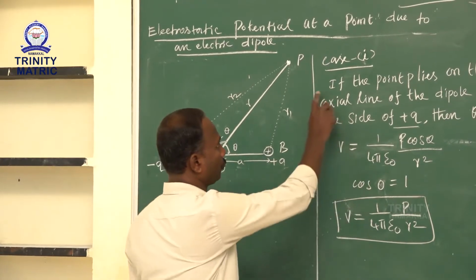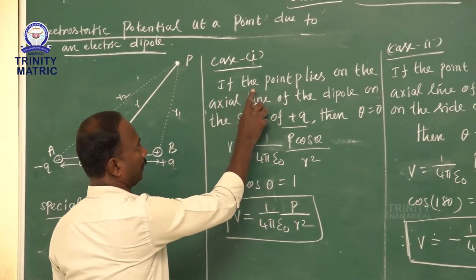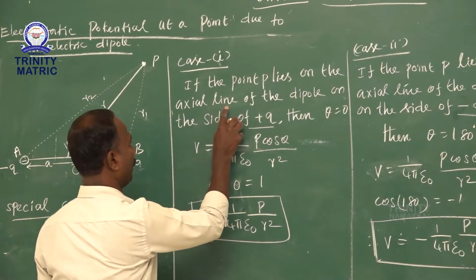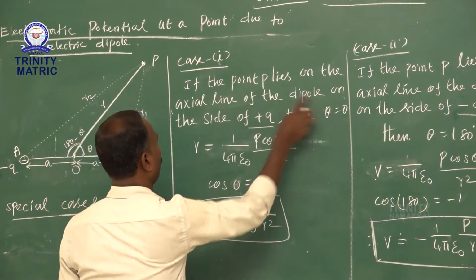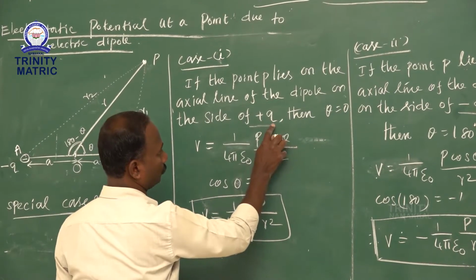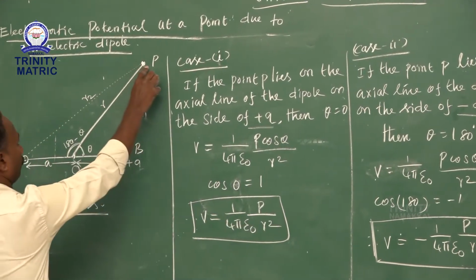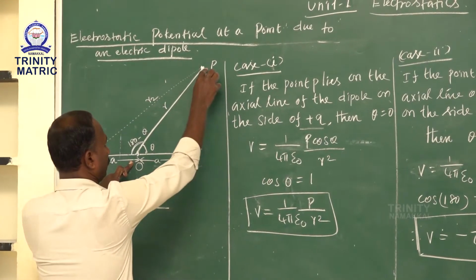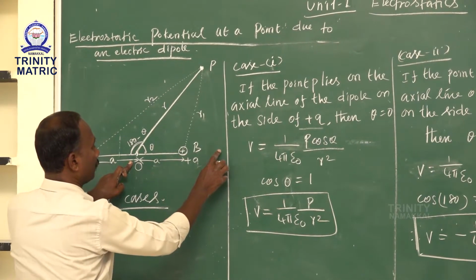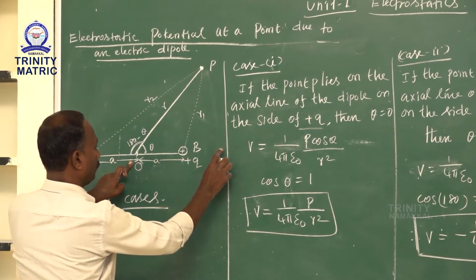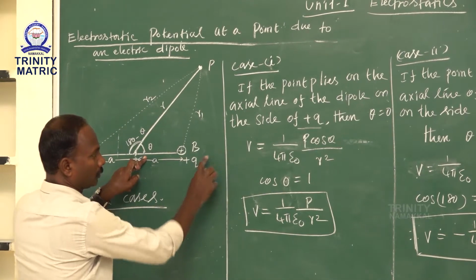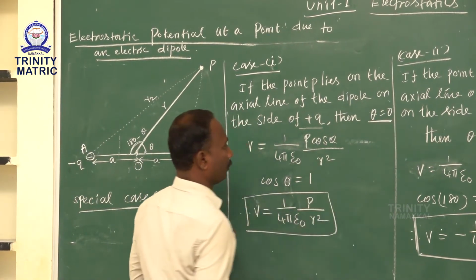Now see case 1. If the point P lies on the axial line of the dipole on the side of plus q, then the angle is 0, so theta is equal to 0.